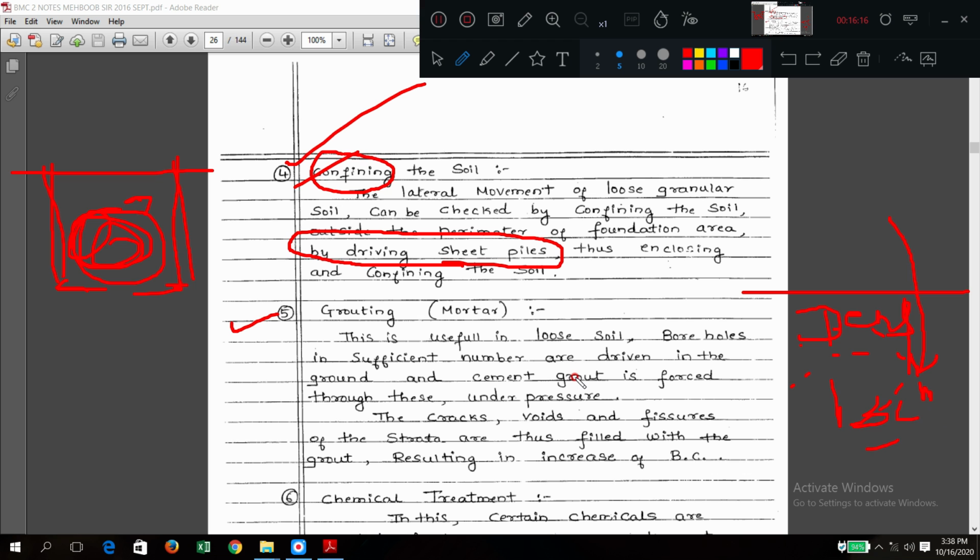So if cement grout is injected, cracks, voids, and fissures are all filled with this cement grout, and it will result in increasing its bearing capacity.